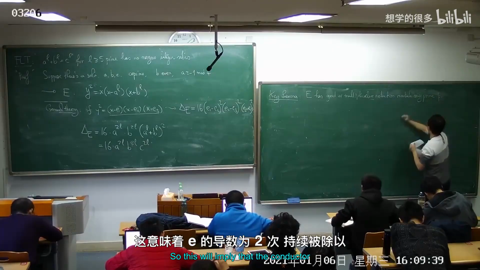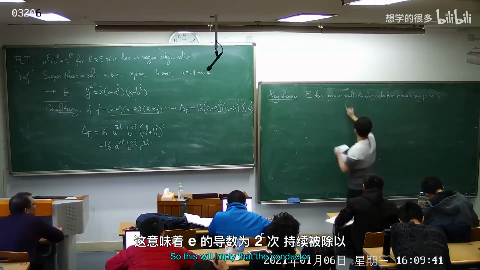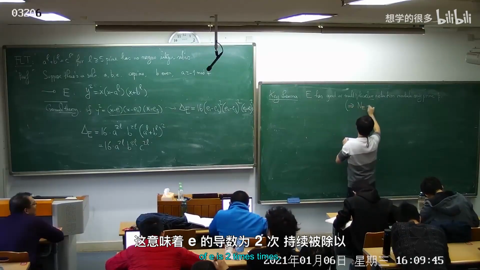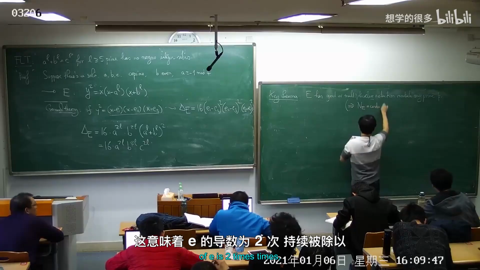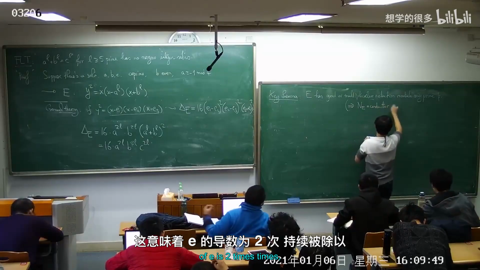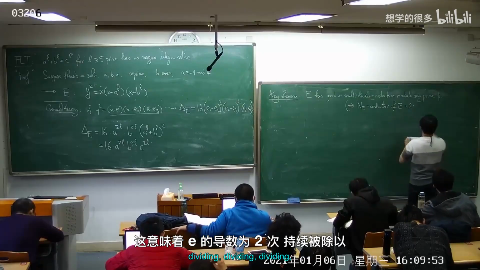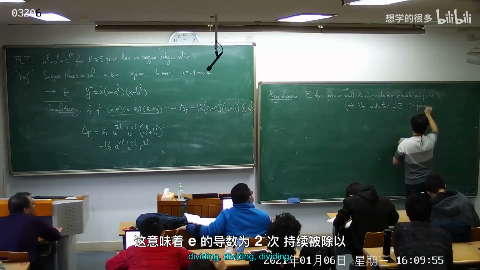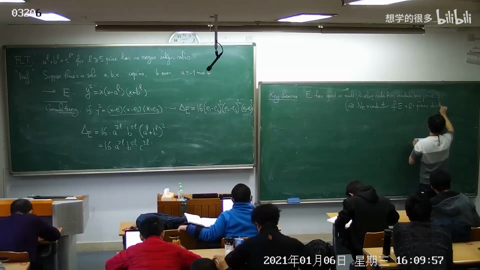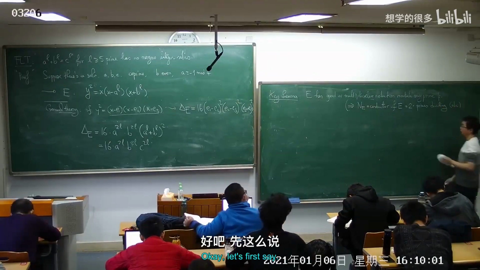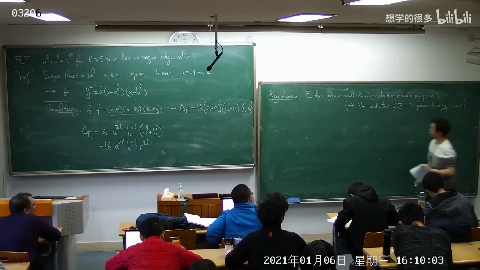So this will imply that the conductor of E is 2 times primes dividing ABC. Okay, that's the first thing.